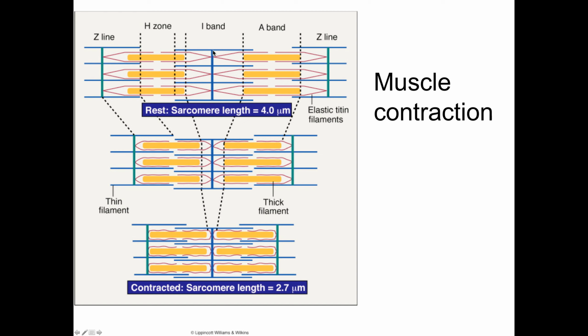A sarcomere is from this Z line over to this Z line, and then there's one in the middle as well. So this would be a sarcomere. And then here's a contracted state in the middle and the most contracted state at the bottom, where the sarcomere length now is only 2.7 micrometers.